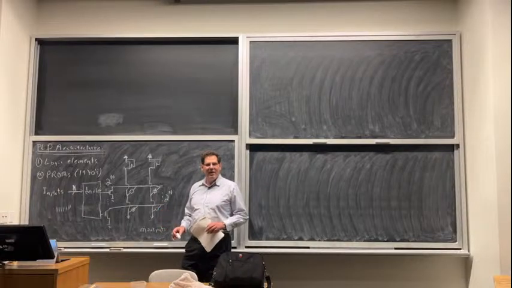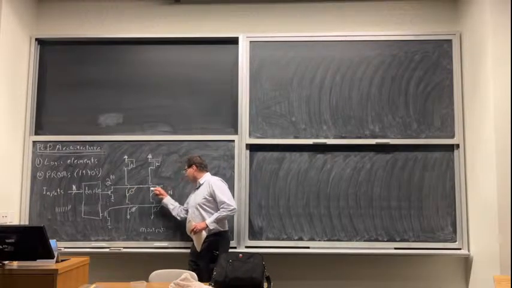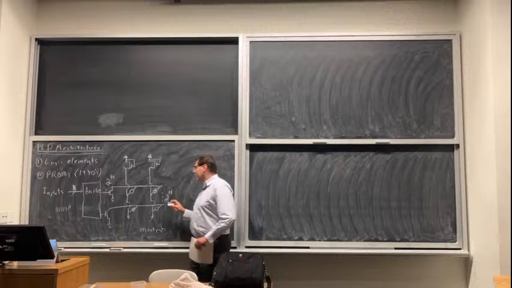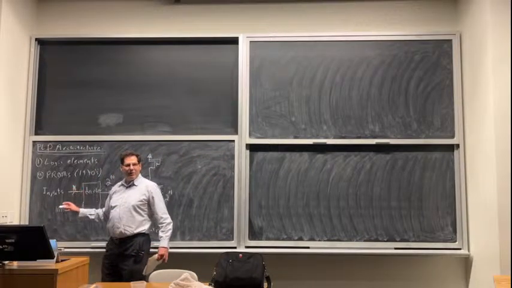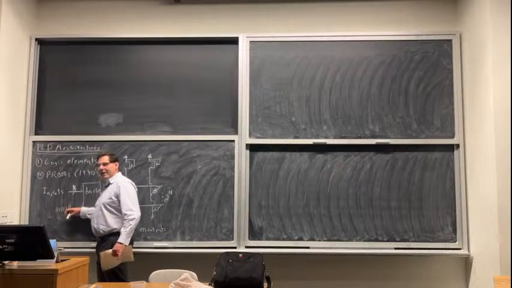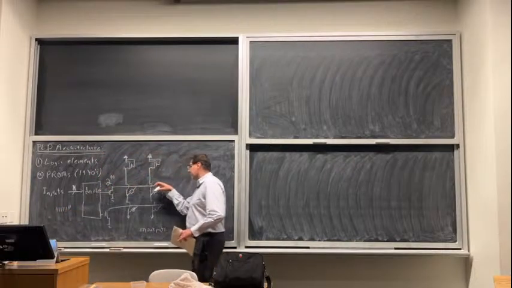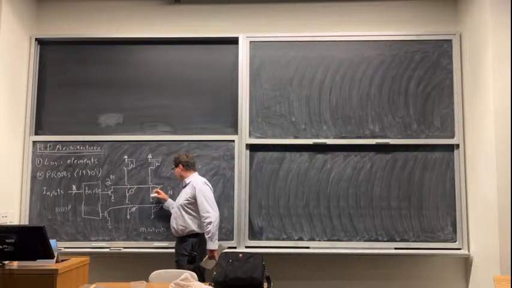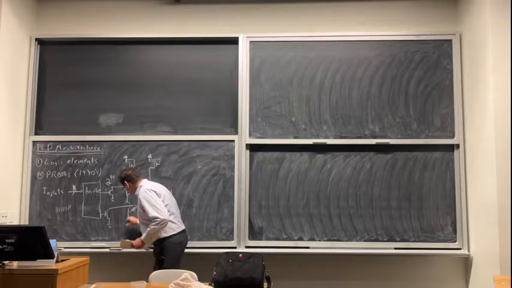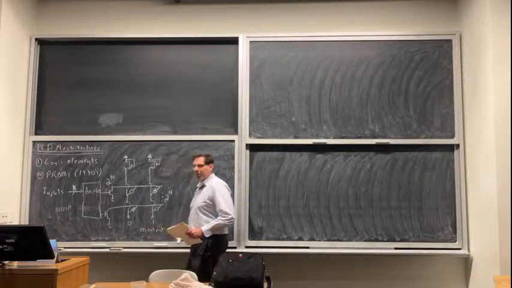Does that make sense? By choosing what bits to blow, I can basically have any function I want of all my inputs. Any bit pattern I put in my inputs is going to activate a different row. And then depending on whether or not I blew a fuse, if I didn't blow the fuse, I'm going to get a logic 0. If I did blow it, I'm going to get a 1.